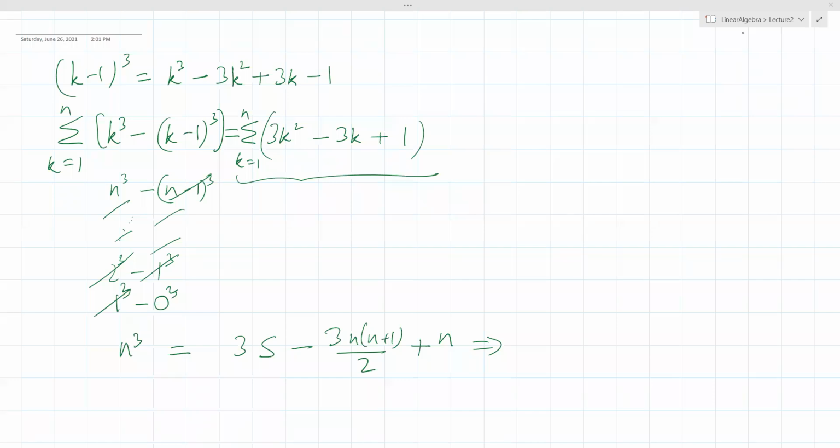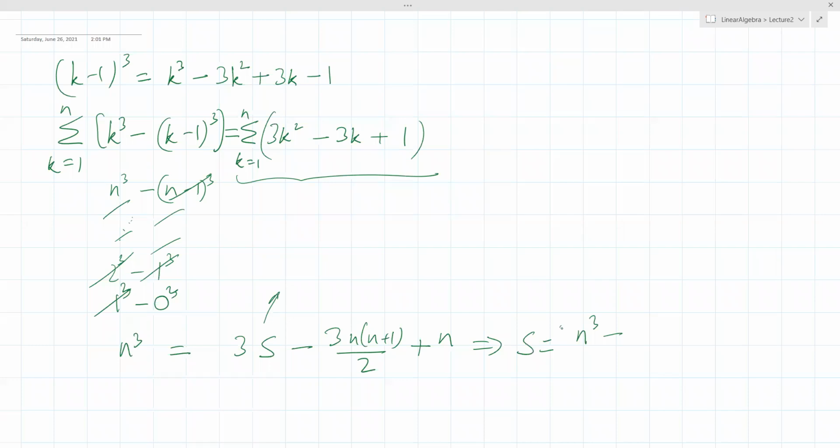Let us continue. S is the sum of what? All the squares from 1 to n squared. So what will be S? n cube minus 3.